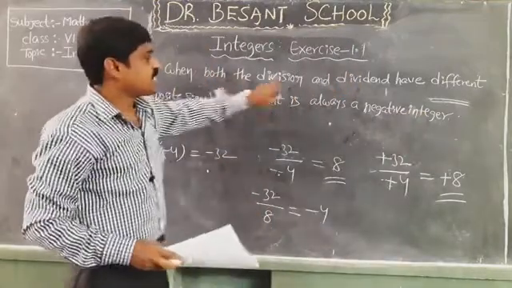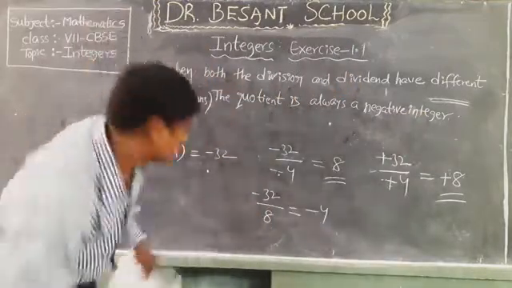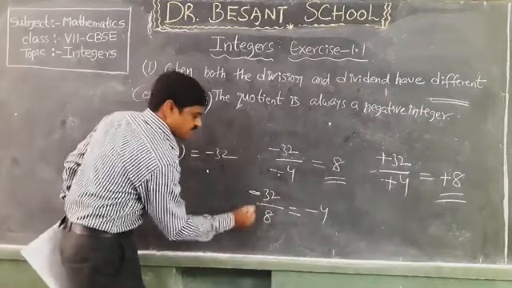See, when the divisor and dividend have different signs, observe here, this is minus, this is plus.